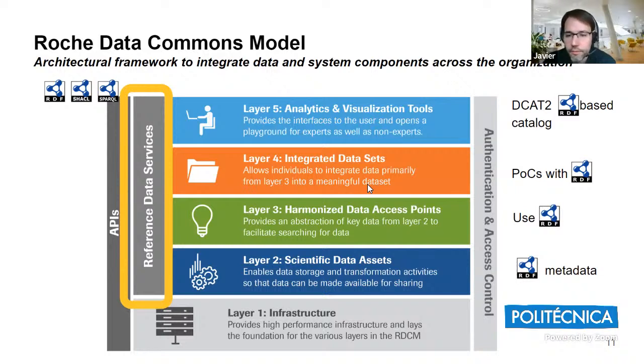Everyone can have the same access to this, and you can also have APIs to access this metadata. So this is the overview of some projects. Of course, there is much more, but this is a nice overview structure in a way that everyone can understand.